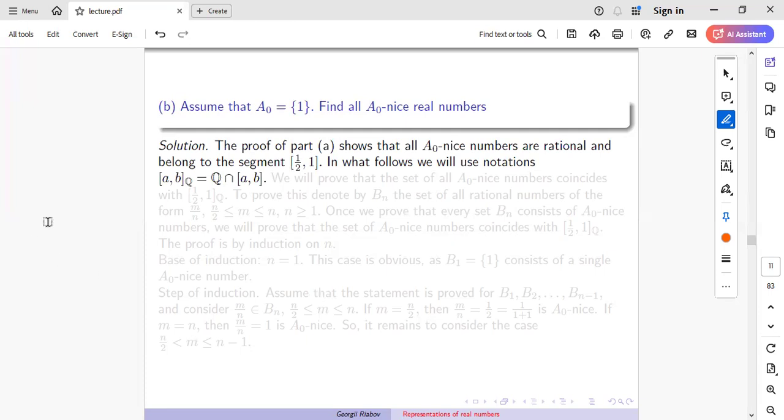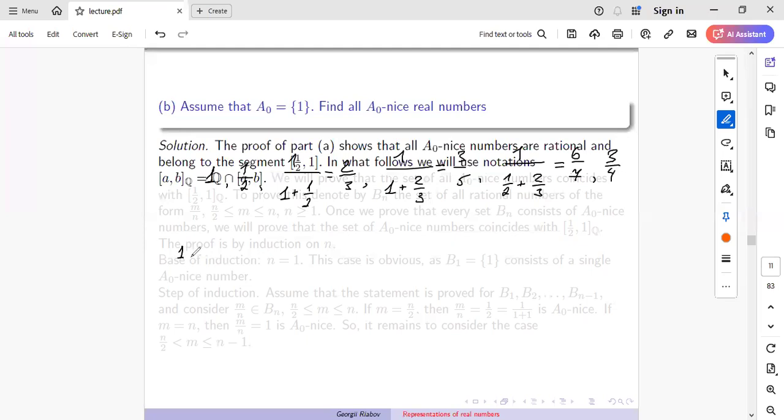Let's recall which numbers we already obtained. Let me write it again. 1, 1/2, 2/3, 3/5, 6/7, 3/4.